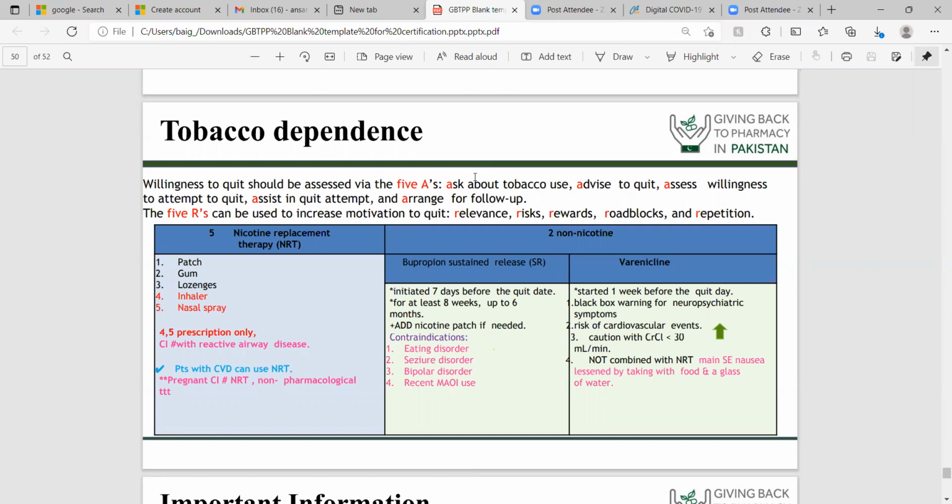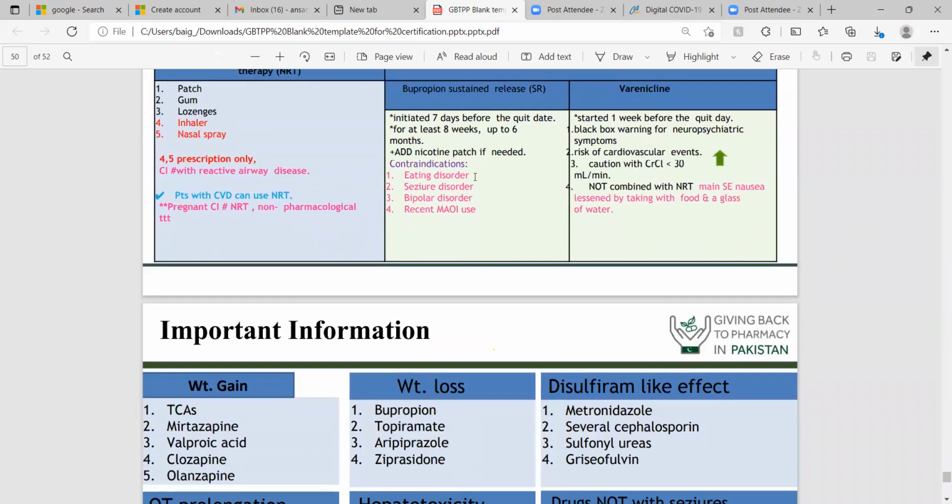You can recommend Chantix or bupropion or the patch as nicotine replacement therapy, but gum and lozenges have to be stopped. If the patient wants to use gum and lozenges, they have to stop smoking.